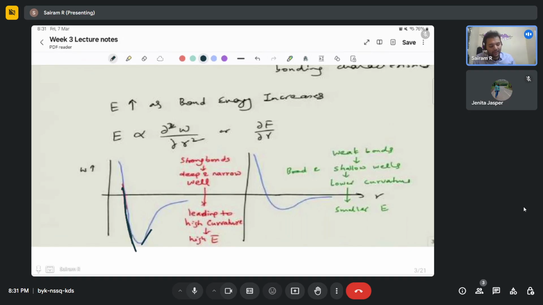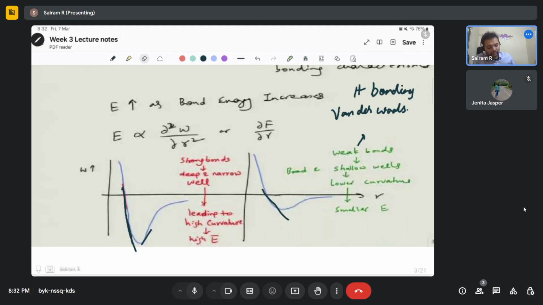But when we have very weak bonds, what could be weak bonds? Say, hydrogen bonding or van der Waals forces. The potential energy versus distance curves of these are very broad and very shallow. When we try to draw the tangents, they have very low curvatures.